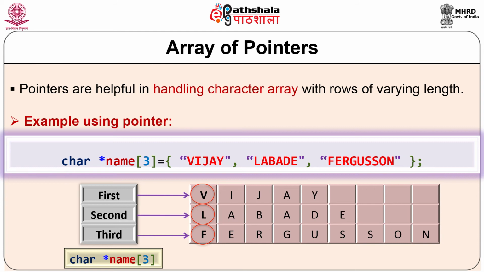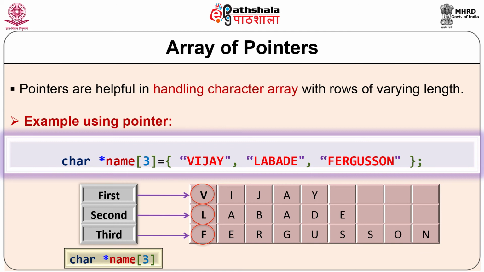Now, this example is using pointer. You can see the syntax, that is char *name[3] = { and 3 different strings }. Here we are using 3 different strings like Vijay, Labde, Ferguson.